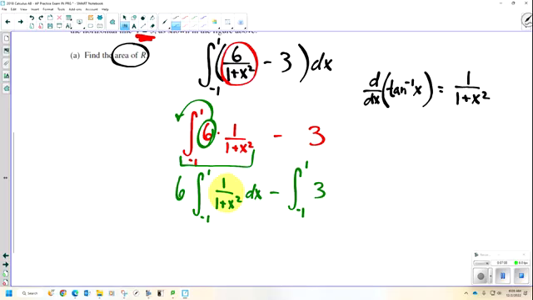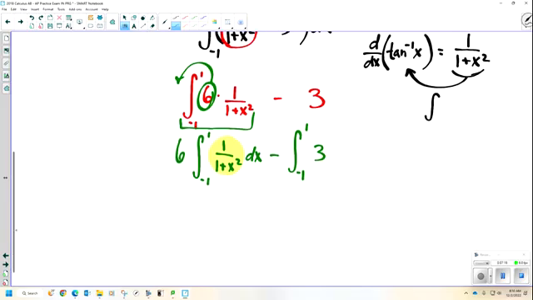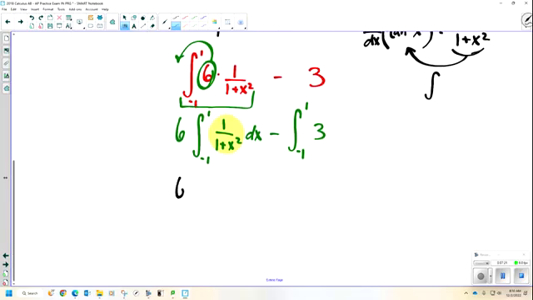So if the derivative is going this way, and I go back, that's the integration. Let's go ahead and integrate that right now. I've got 6. This becomes tan inverse of x from -1 to 1.